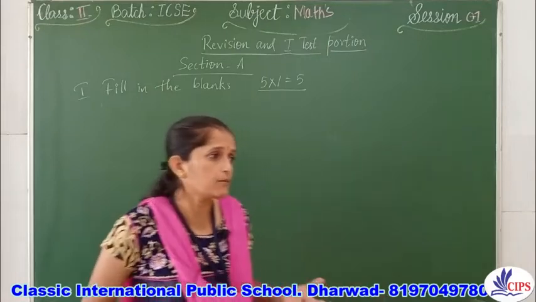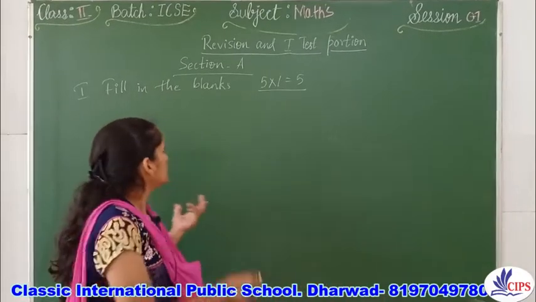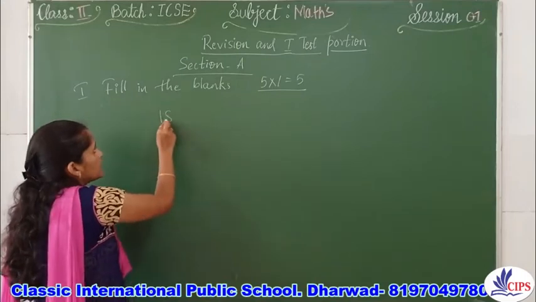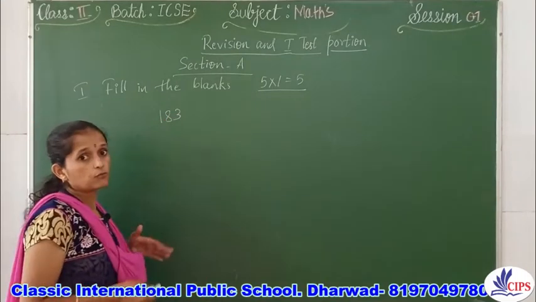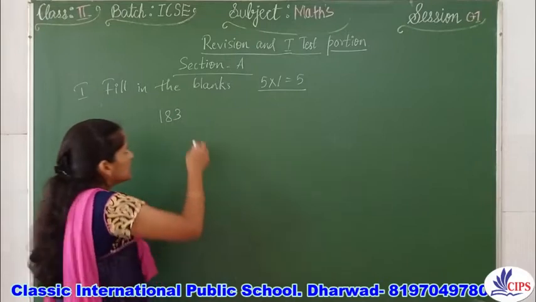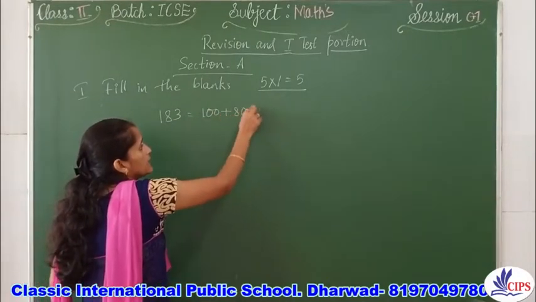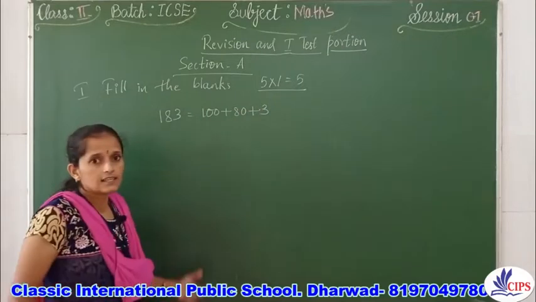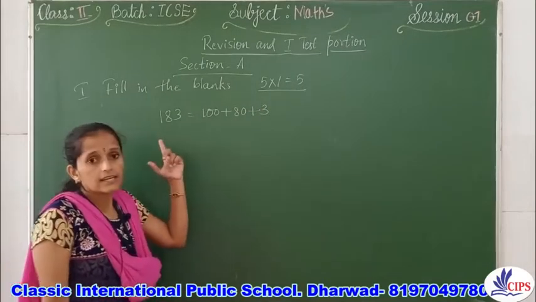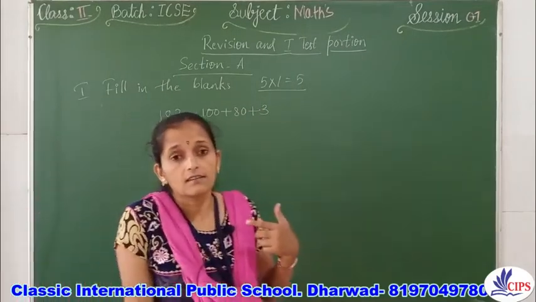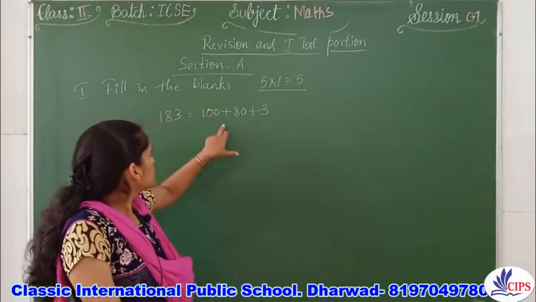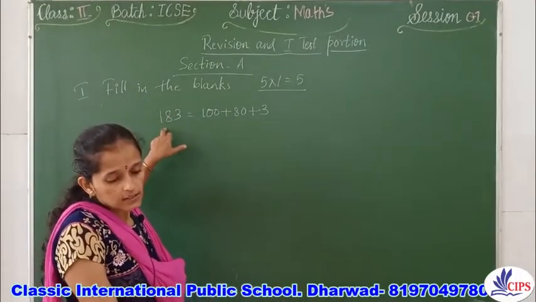For example, 183. If the number is given, you may be asked to write the expanded form. Expanded means 100 plus 80 plus 3. So you may have the expanded form or standard form.